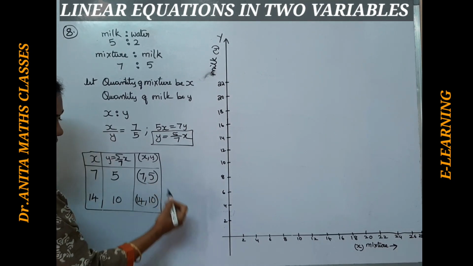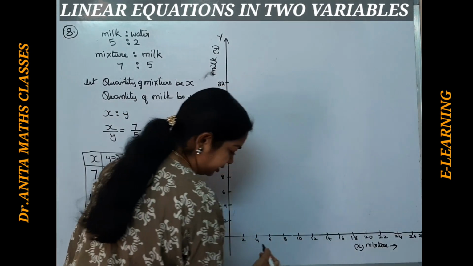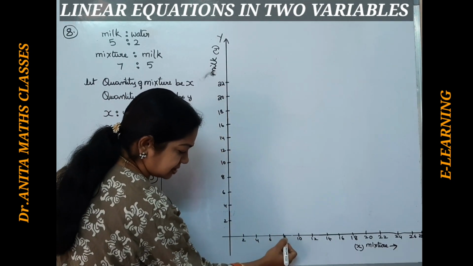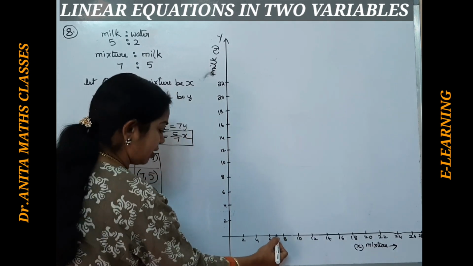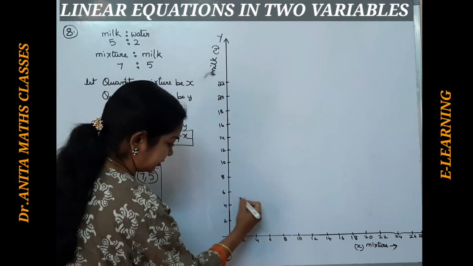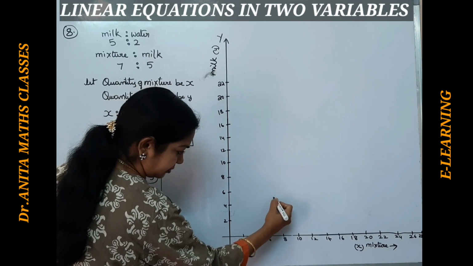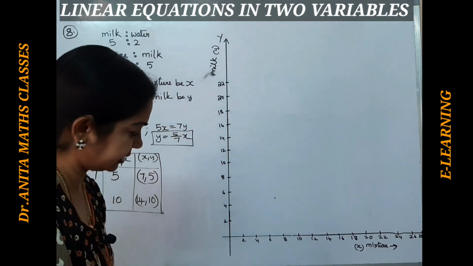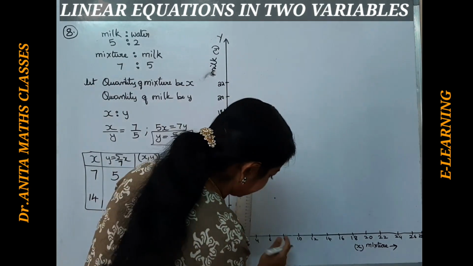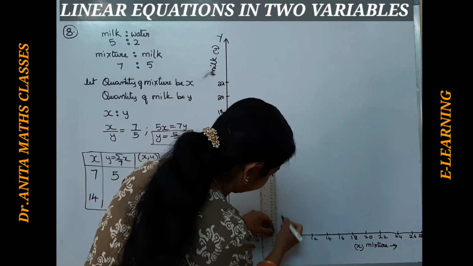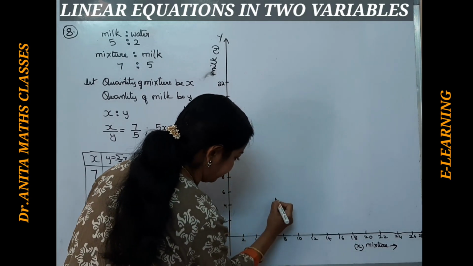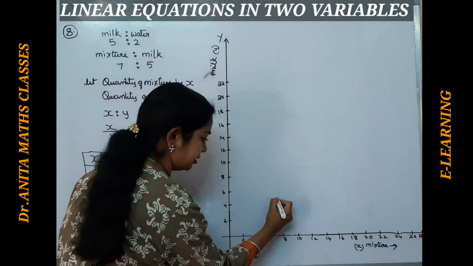Now 7 comma 5, we will plot 7 here. So 7 is in between 6 and 8. So 7 comma 5, 5 is here. This point. You take exactly to the scale. If you are supposing this as 7 comma 5, right, this point.